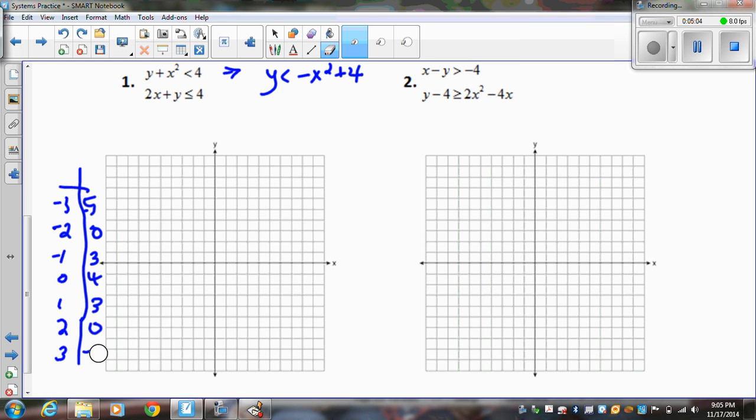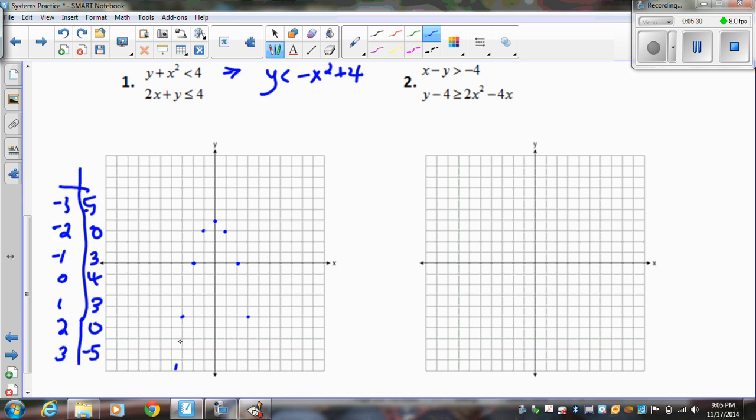So we're going to go ahead and plot these points on our table. Over negative 3, down 5, over negative 2, down 0, over negative 1, up 3, over 0, up 4, over 1, up 3, over 2, up 0, over 3, down 5.